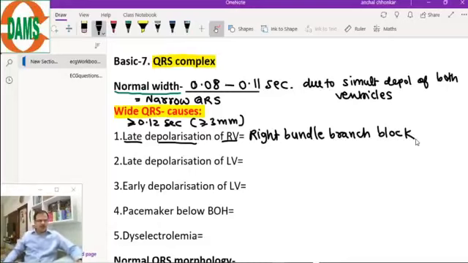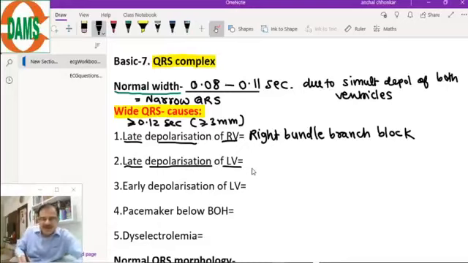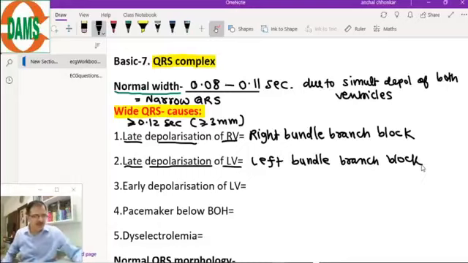Now, second, late depolarization of the left ventricle. Late depolarization of the left ventricle is left bundle branch block.